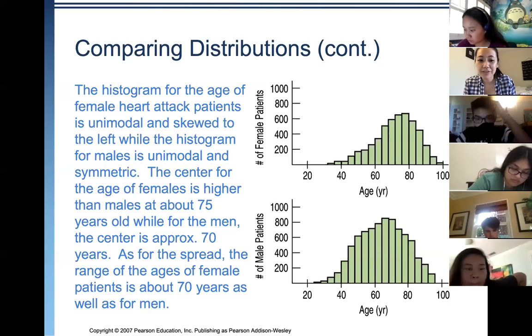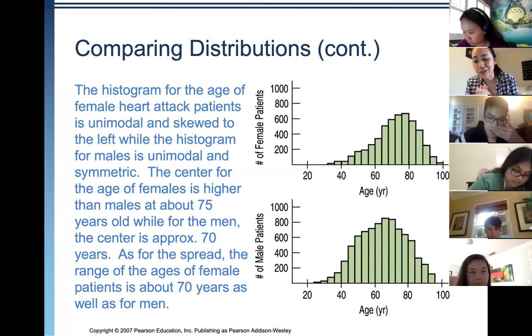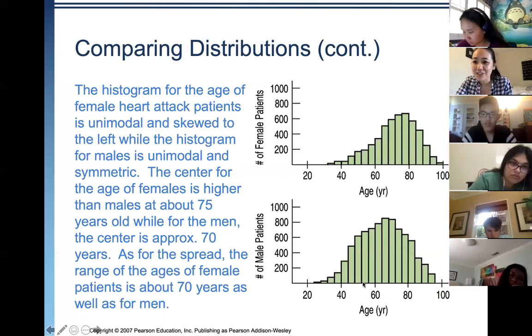As for spread, the range of the ages of female patients is about 70 years, as well as for men. So that's how I would actually compare two histograms. You go through SMUCs at the same time using comparison words like higher, lower, same. All right. Good job, guys.